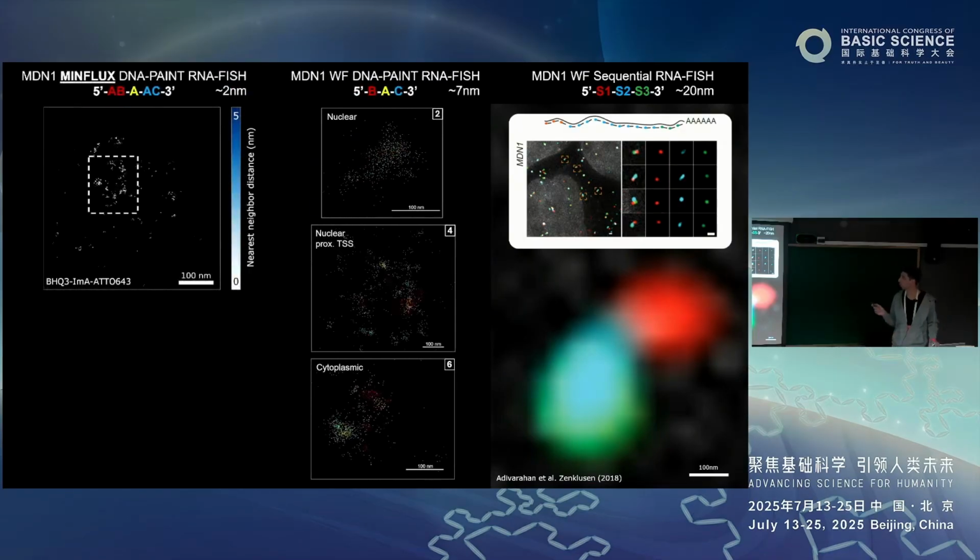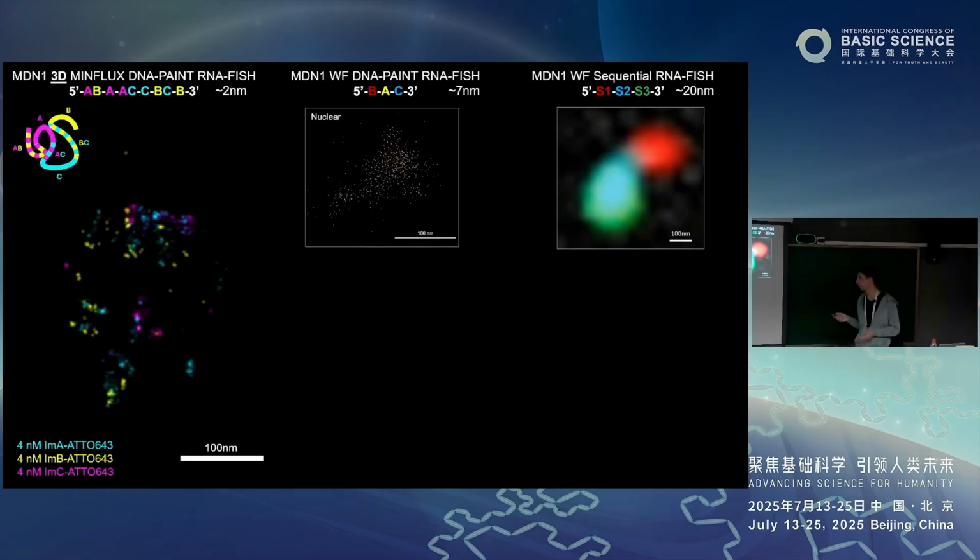And of course, we can push this further if we do MINFLUX, DNA paint, RNA imaging, with precisions where now instead of seeing a cloud, you start to see little clusters, which belong to each one of the primary probes that we have chosen. And if we push this a bit further, as I told you, MINFLUX can do 3D.